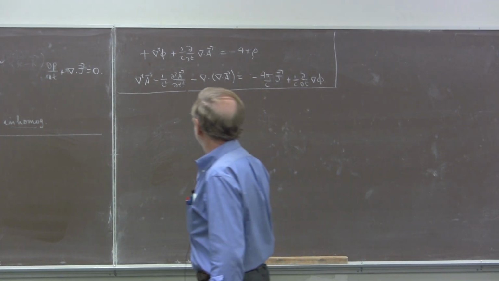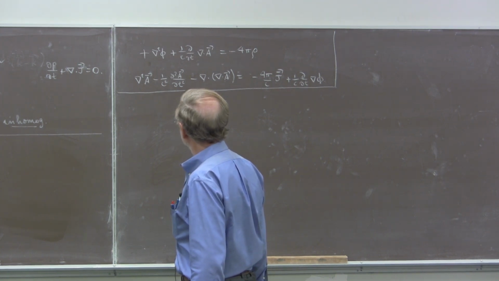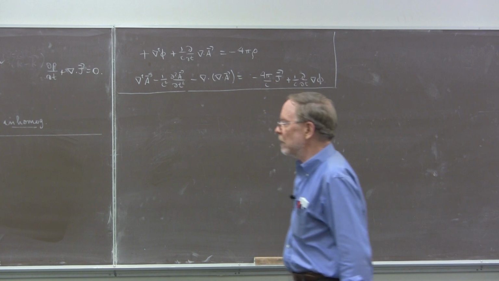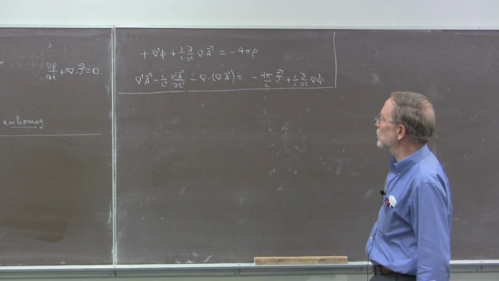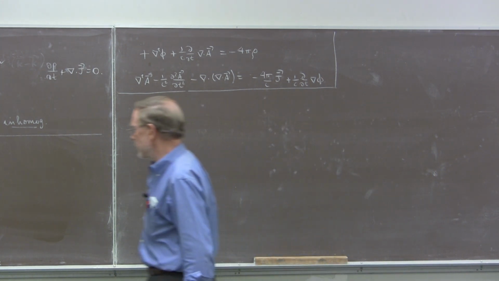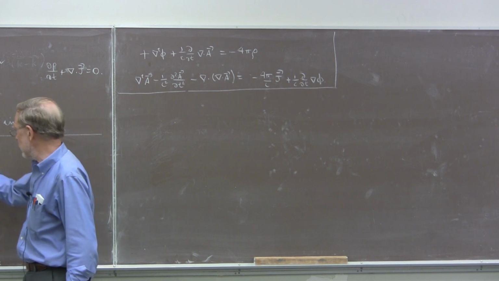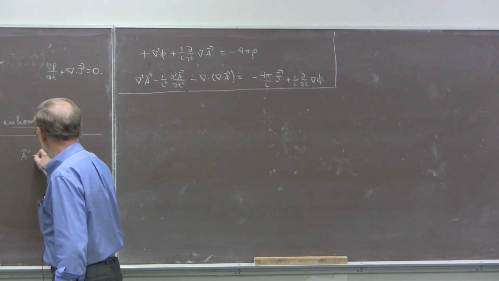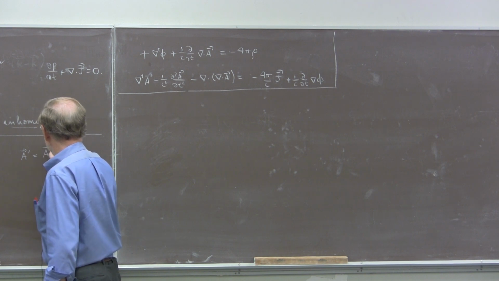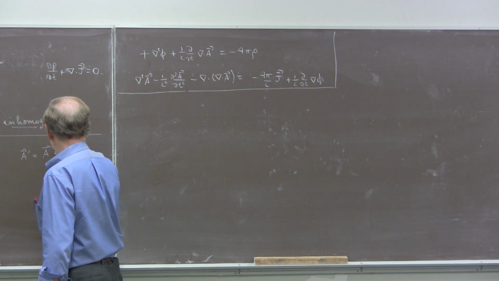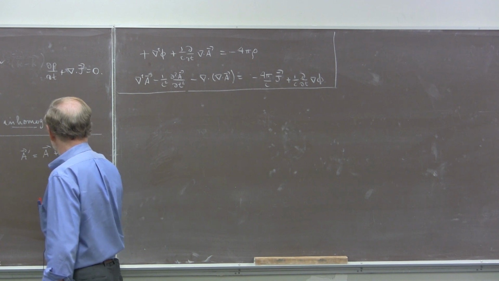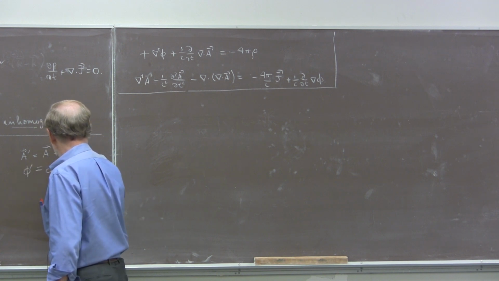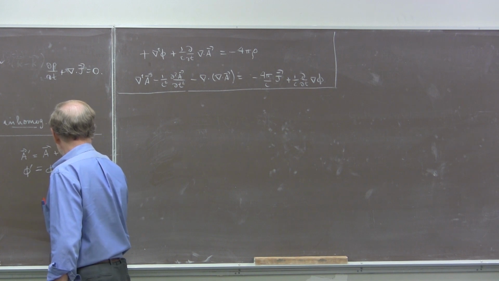On the other hand, compared to a classical dynamical system, there are some new issues which arise here. One of them is the non-uniqueness of the potentials. As you no doubt know, if you replace the potentials, let's say A by a new potential A prime, which is given by A plus the gradient of a scalar, which I'll call chi, and then phi goes into phi prime, which is phi minus 1 over c d chi dt.